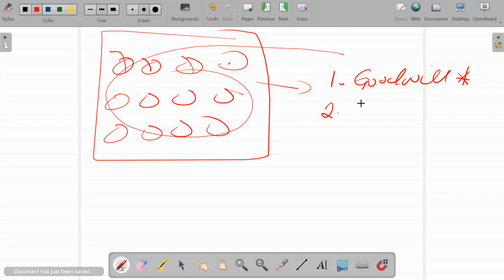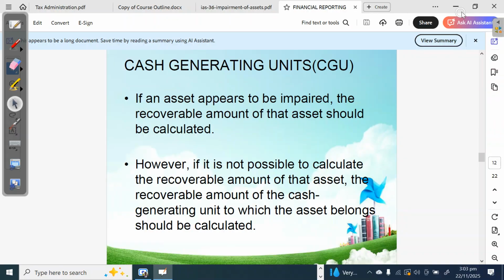So asset damage. Then number three, if there's any balance of the impairment loss left, it will be shared among the remainder of the assets. That is how we do allocation of impairment loss. So an example will help us to understand how this works.